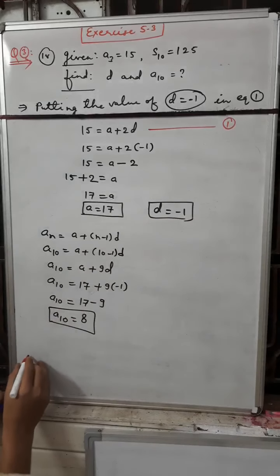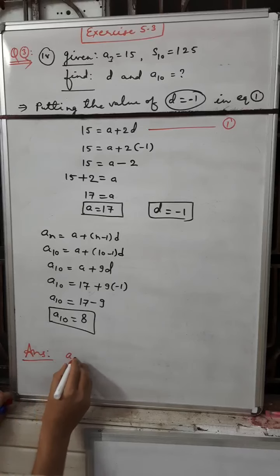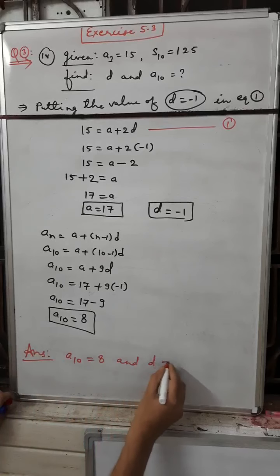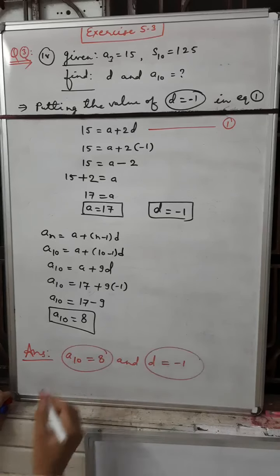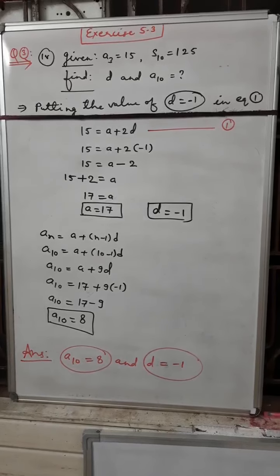So we easily found these two values: a10 is equal to 8 and d is equal to minus 1. That will be the solution of this problem. The problem is a little difficult, but if you try your best, you can solve it within 5 or 7 minutes easily.